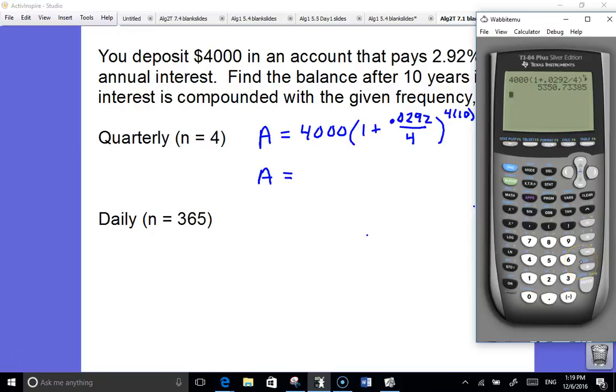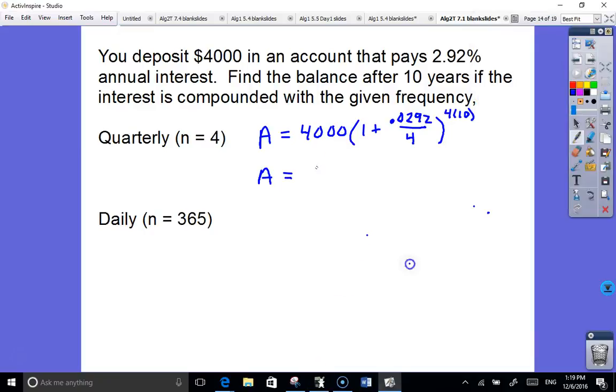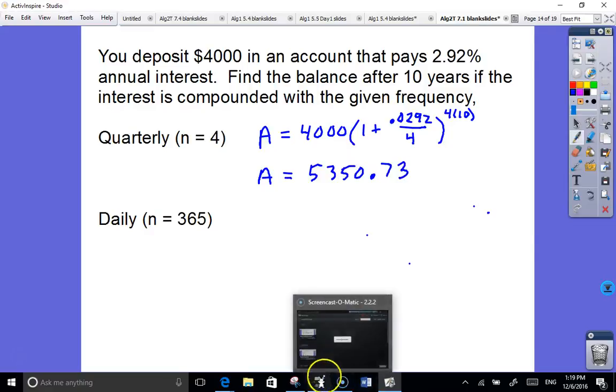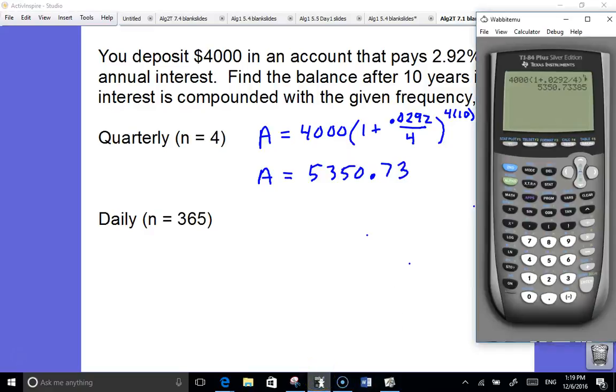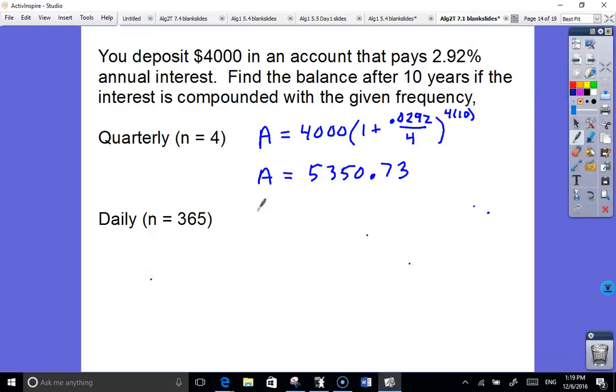And it looks like 5,350.73 cents. Okay, that was good. Okay, now let's do the same thing again, but this time it's going to be for 365.